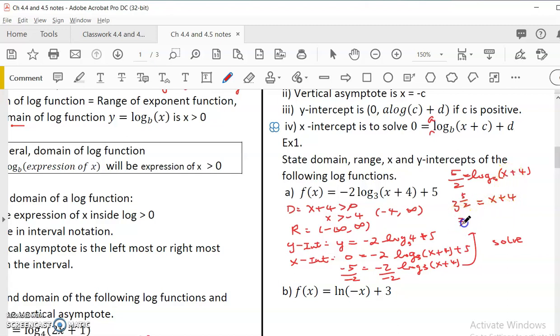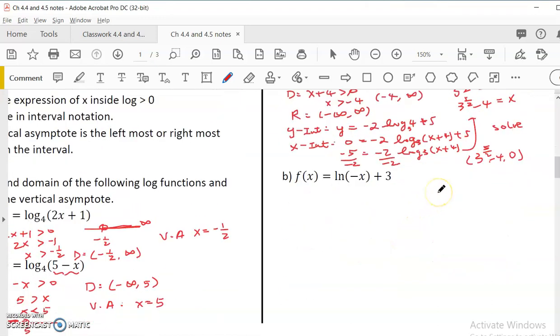So x would be 3 to the 5/2 minus 4. So this is the x value. 3 to the 5/2 minus 4, comma 0, is the x-intercept. The y-intercept is 0, comma this number. It's rather difficult.